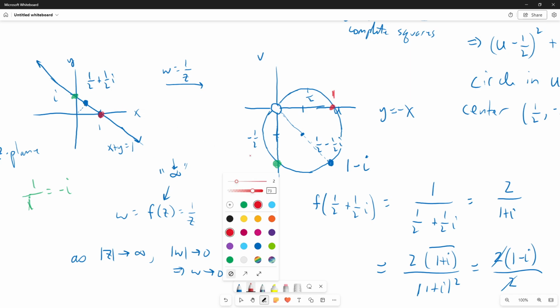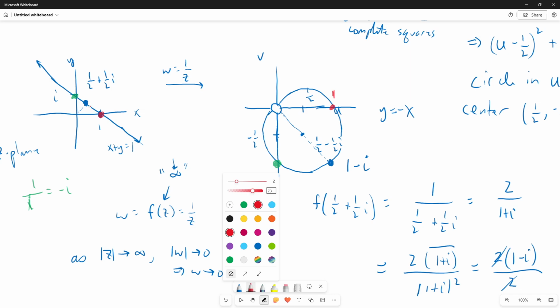So what's happening in this transformation is, the blue dot here maps to the blue dot there, which, between the blue dot and the open circle here, we have a diameter. And this blue dot here in the domain also symmetrically divides this line with respect to the axes. We have the symmetry there.